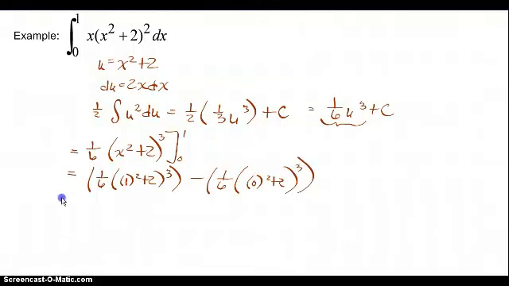So there's the fundamental theorem. So this is 1/6 times 3 cubed minus 1/6 times 2 cubed. I'm not going to take any more time to simplify that. You guys know what 3 cubed is and 2 cubed is.